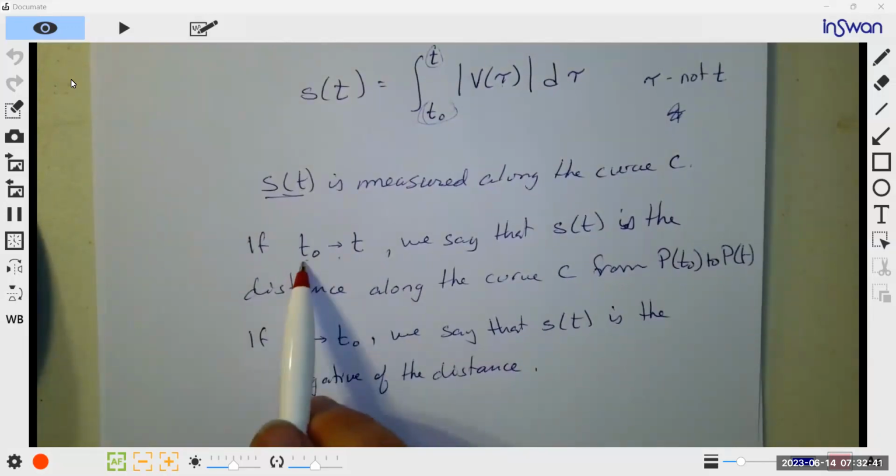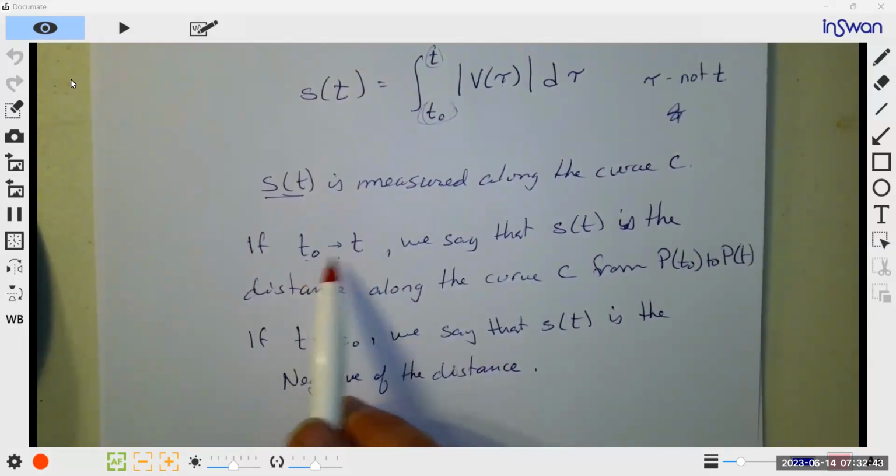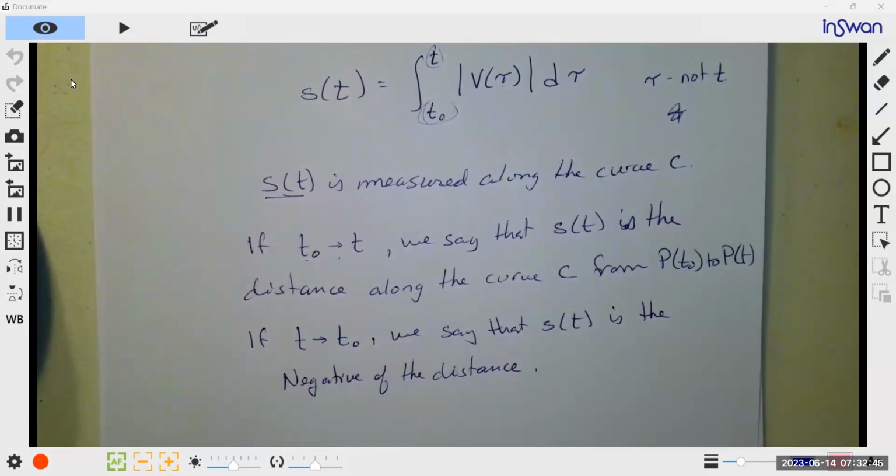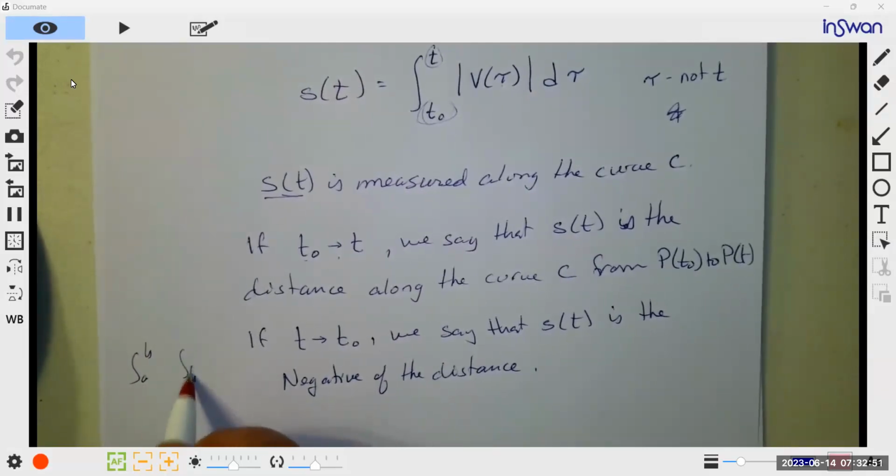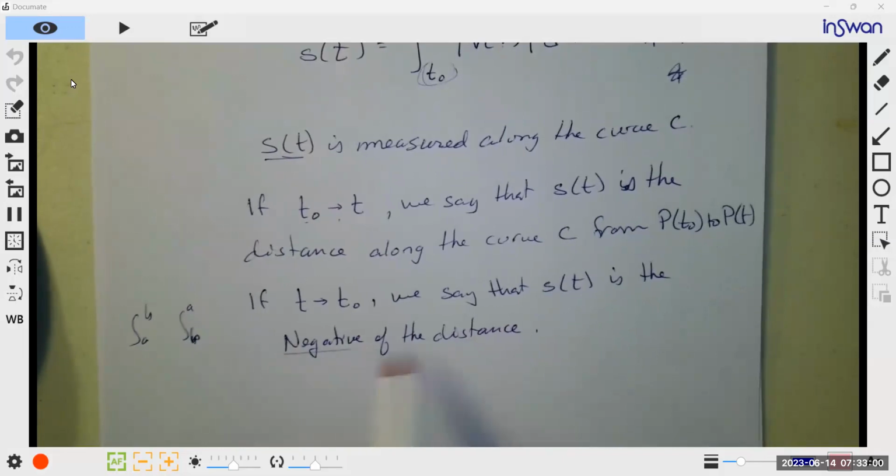So it all depends on how we're integrating. We found out from calculus 1 that if you integrate from a to b as opposed to b to a, the only thing different will be the sign in front of the answer, not the answer itself. So it's simply going to be the negative of the distance.